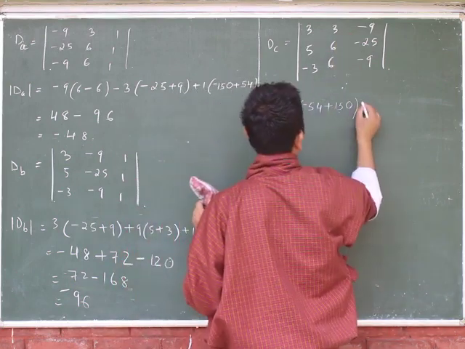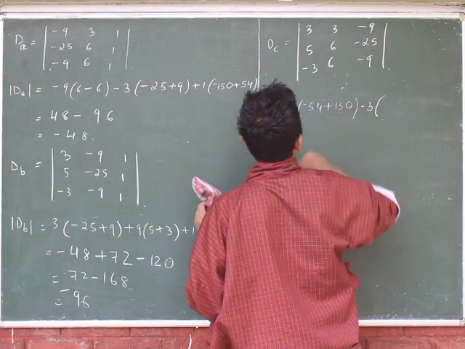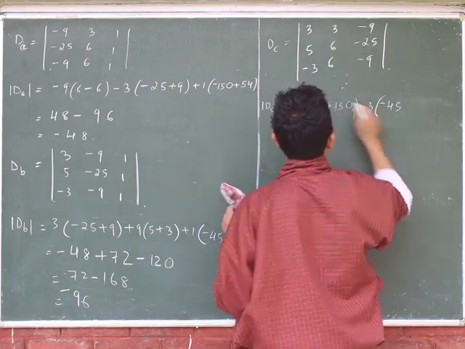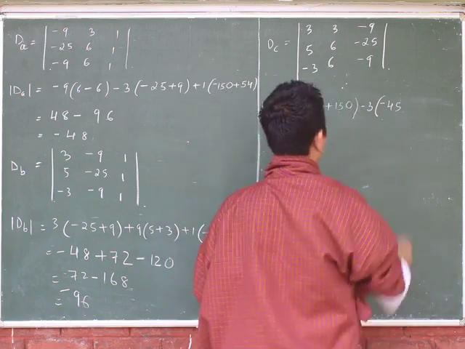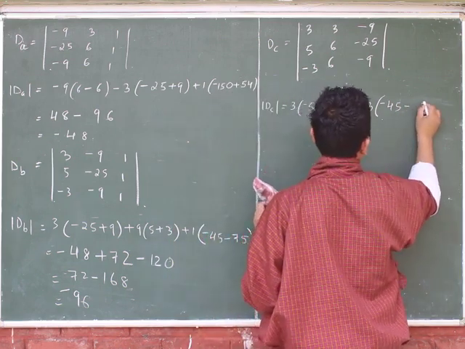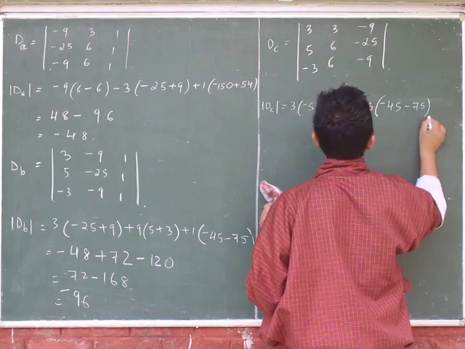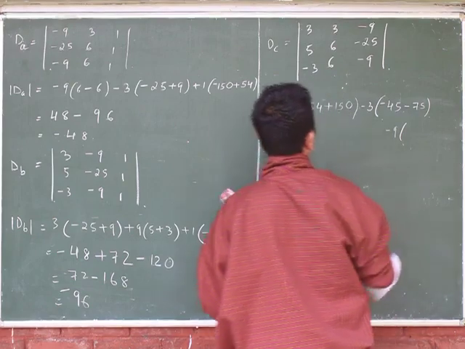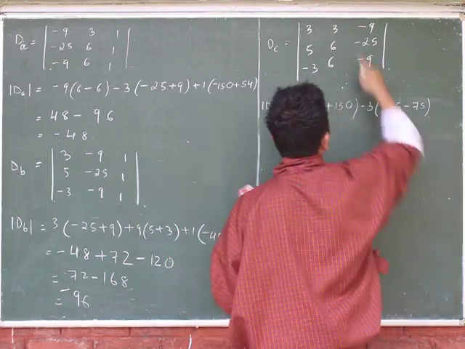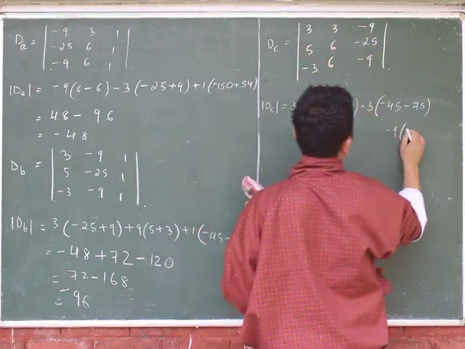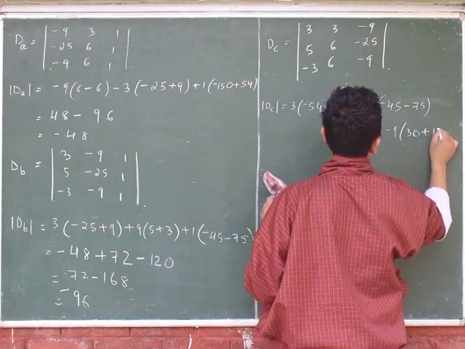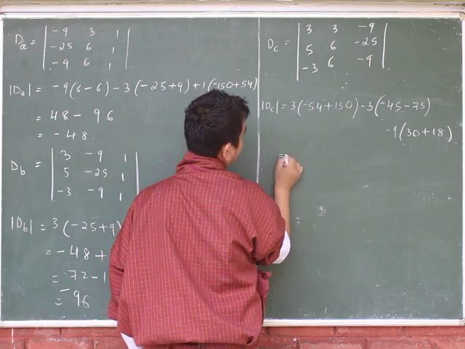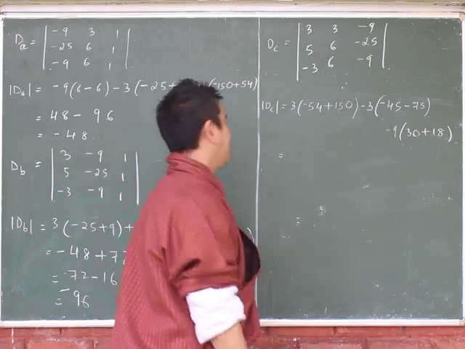And minus 3 times 5 times 9, negative 45. Negative, negative, positive, again one more negative. Minus 3 times 5 is 15. Then the last one is negative 9 times 30 plus 18. That's it. Which is again equivalent to 150 minus 54.